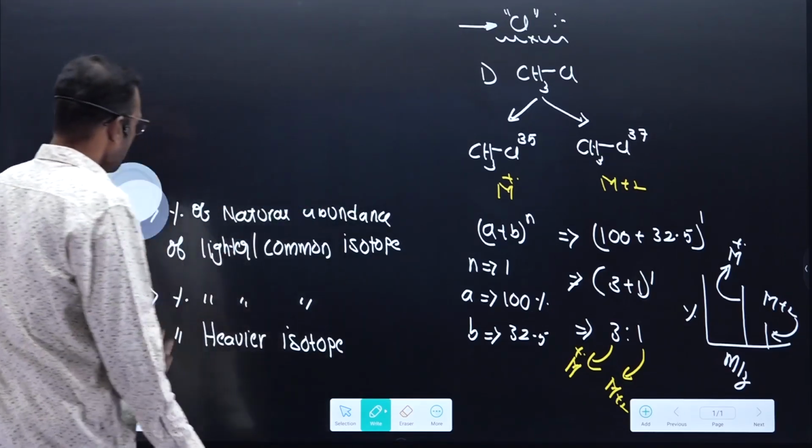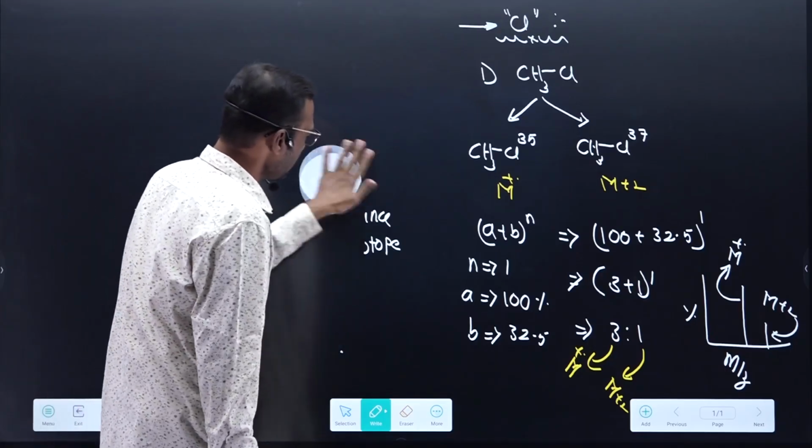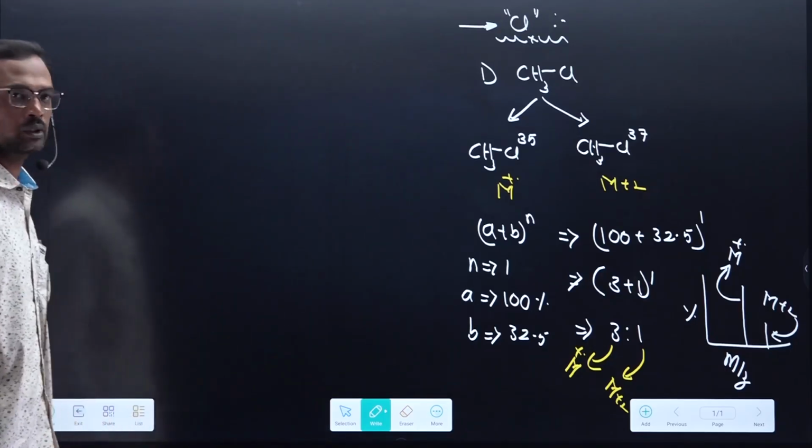The lighter isotope is taken as molecular and the heavier isotope is taken as M plus 2.